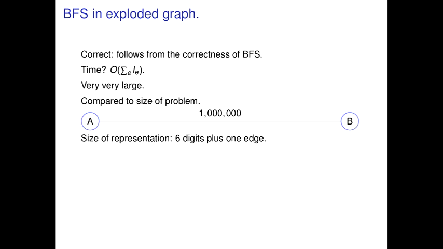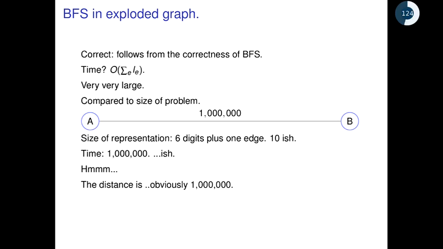So this is a trivial problem to solve. But the breadth first search algorithm will take 1,000,000 time units. You would build a graph that's the size of 1,000,000 and do this breadth first search. So it seems not good. This is lame, this way of doing it in some sense.